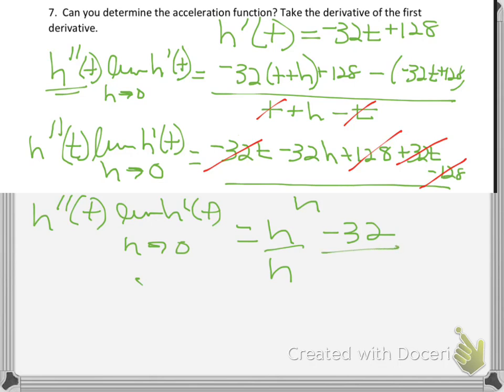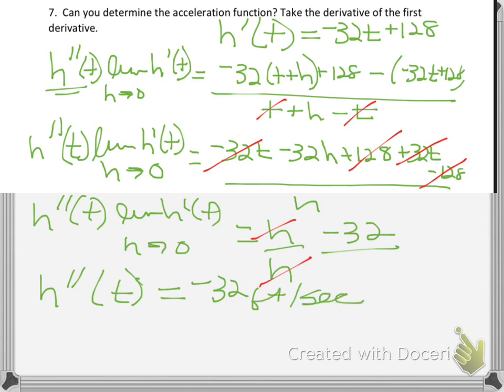Everything else is going to cancel, and my acceleration, which is now my h prime prime of t, the second derivative, is just negative 32, and I was in feet, so feet per second squared. What's interesting about this?